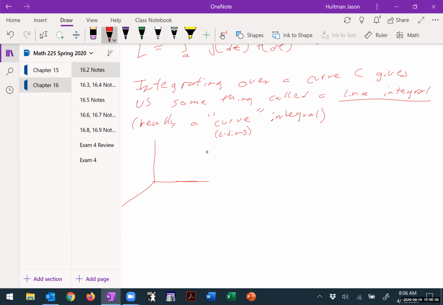Say I have a curve like so. This is a curve in the XY plane, and I call this curve C. C for curve. It's real obvious why we call that C, right?